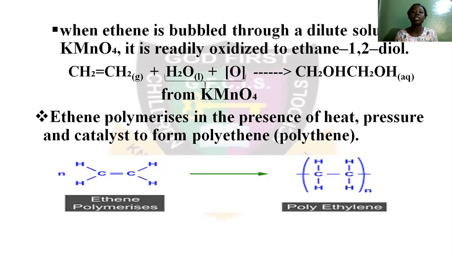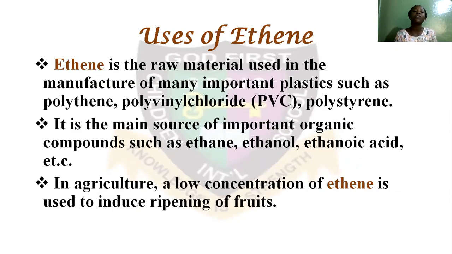So coming together of smaller molecules, that is ethene, a number of ethene comes together to form a large chain, which is polyethene. That is what is known as polymerization. Now, as we continue in our study, we will come to look at polymerization as a topic on its own.